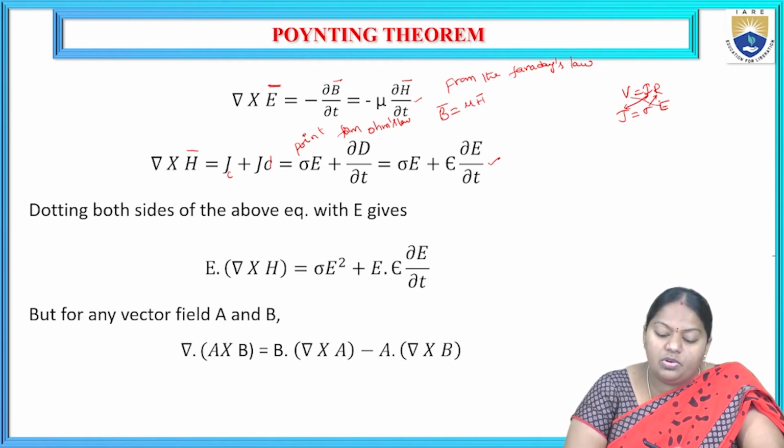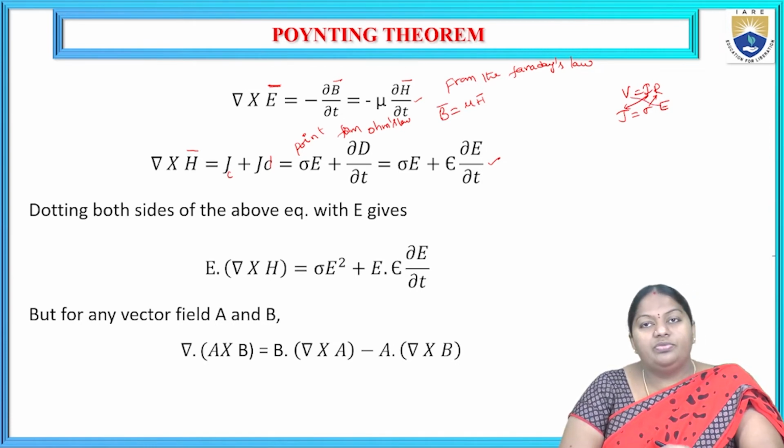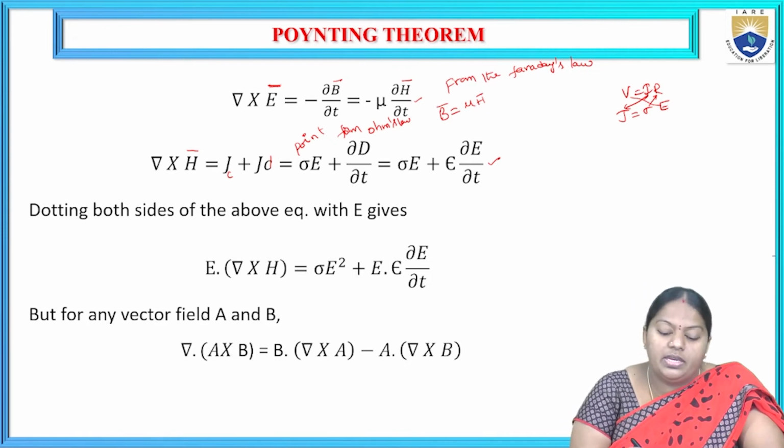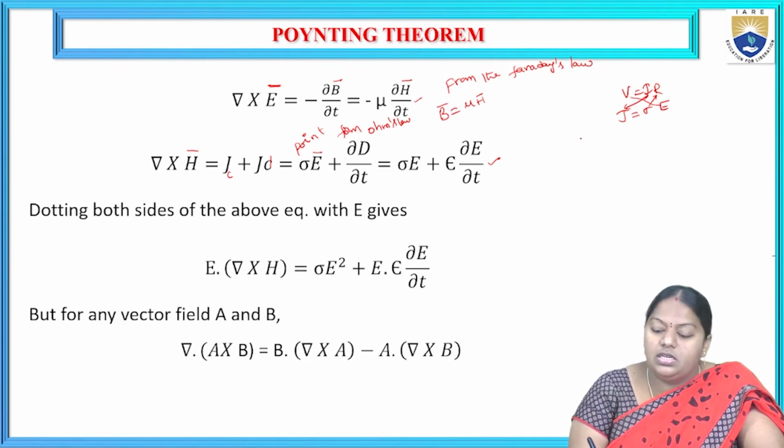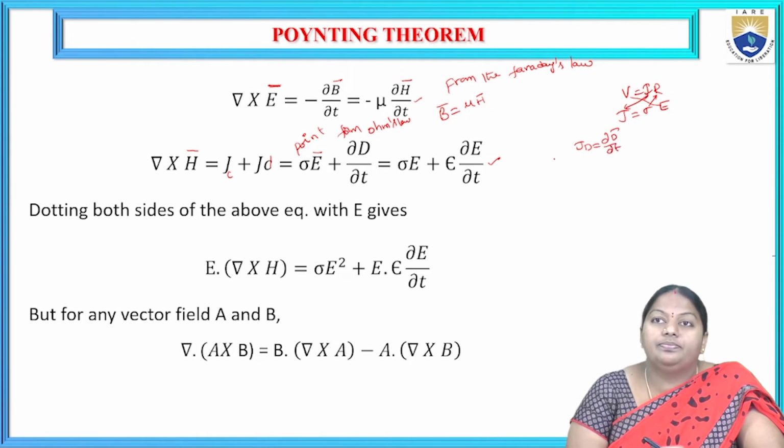Hence, the point form of Ohm's law in the modified form of Ampere's circuit law is given by sigma into E bar plus JD, that is the displacement current density. JD is given by dou D bar by dou t, right?